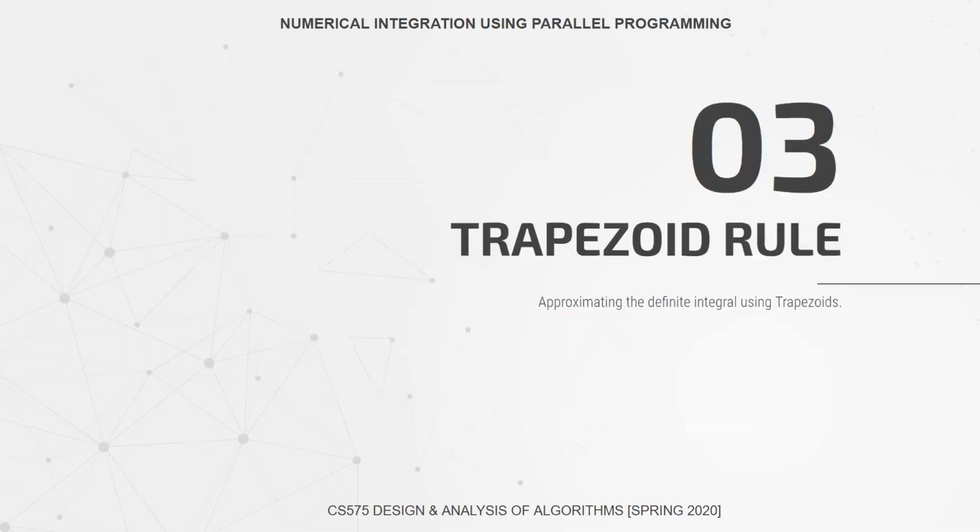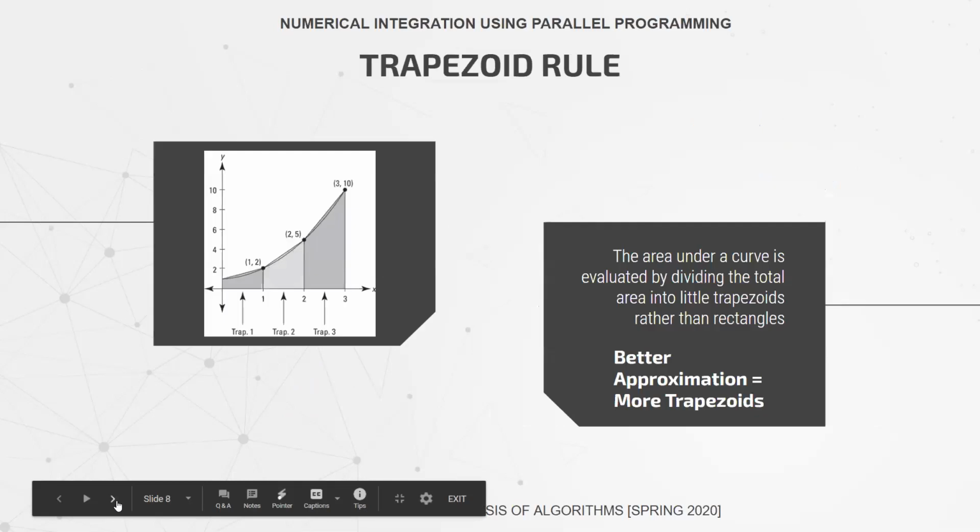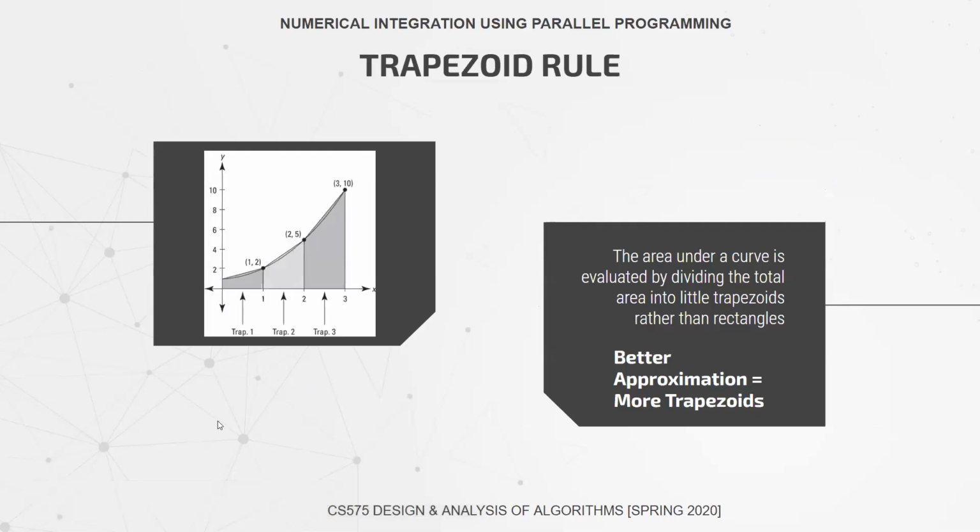Now I would like to ask Ketan to please help us with understanding the trapezoidal rule. Yeah, hello everybody. My name is Ketan, and I will explain the trapezoidal rule. Another useful integration rule is the trapezoidal rule.